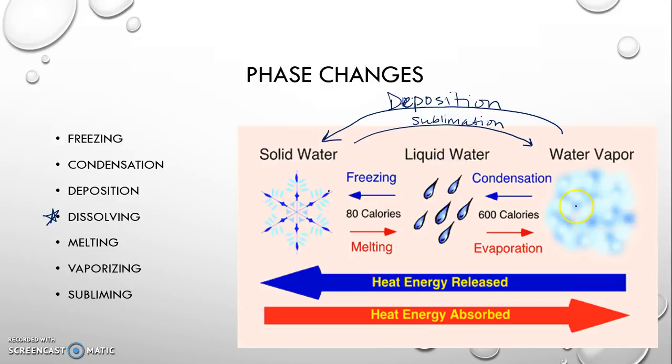Just remember that as you go from a gas, where there's a lot of kinetic energy, to a solid, it releases that energy and lowers the kinetic energy. And as it goes from a solid to a gas, you have to increase that energy, which increases the kinetic energy of the molecules and allows them to move around more freely.